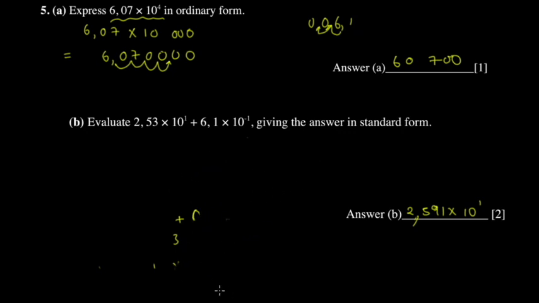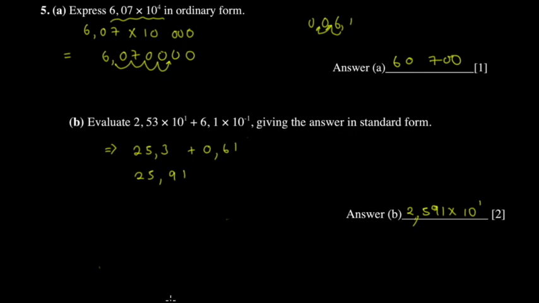Now let's apply a different method. The different method would be to actually evaluate. So this one would be 25.3 here, because you're multiplying by 10. This one you're dividing by 10, so it'd be 0.61. Then you have to add. When you add, you get 25.91.